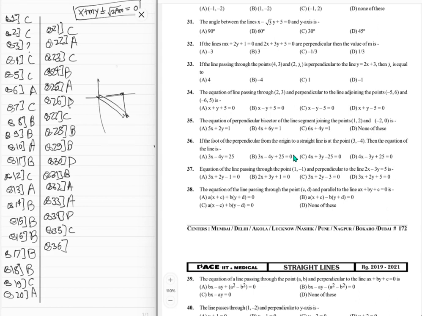This slope is negative 4 upon 3, as you can see. Then this slope is going to be 3 upon 4, and this point is 3 comma negative 4. We got the line basically. So y plus 4 upon x minus 3 equal to 3 upon 4. 4y plus 16 equal to 3x minus 9. So 3x minus 4y is 25.